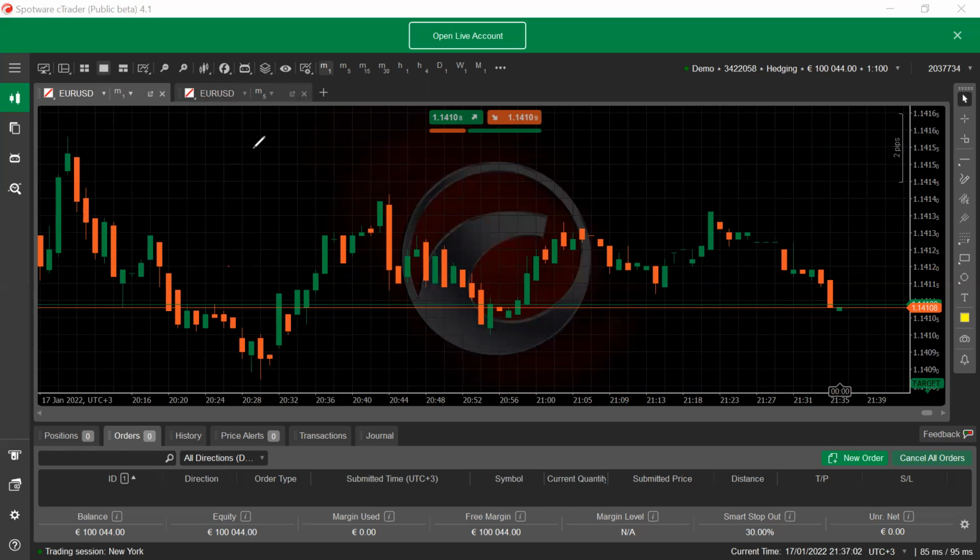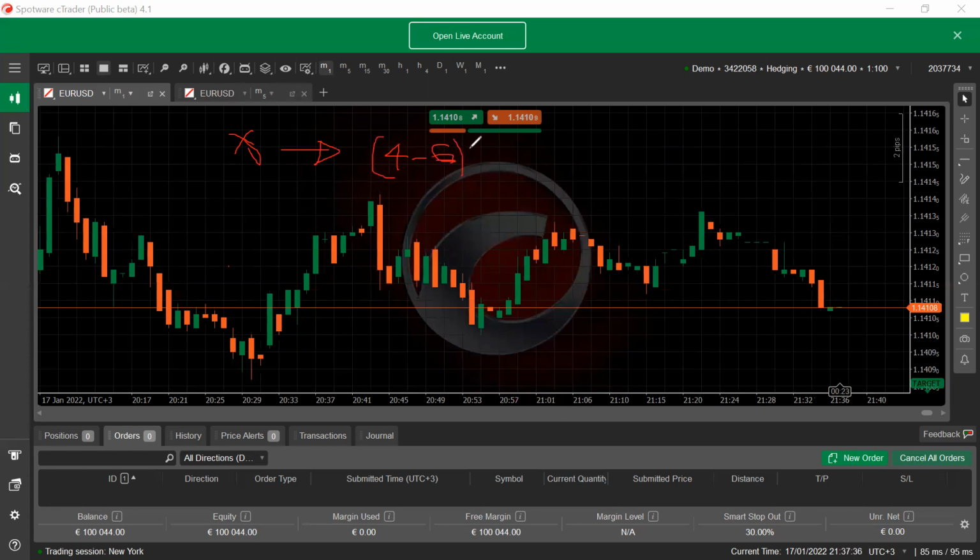So the idea is any particular time frame you want to trade, you must always use a higher time frame. We'll get into more detail later, but the relationship between the current time frame you want to trade and the time frame you will use to guide you must be at least, if this is X, at least 4 to 6X. 4 to 6X.